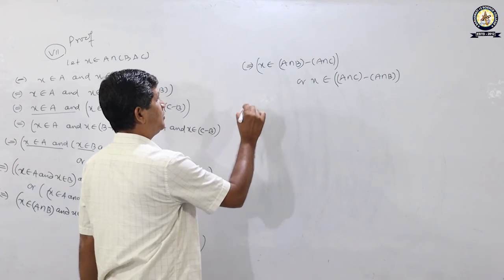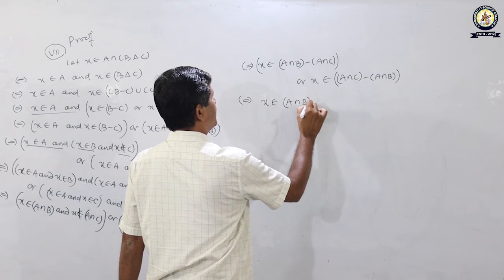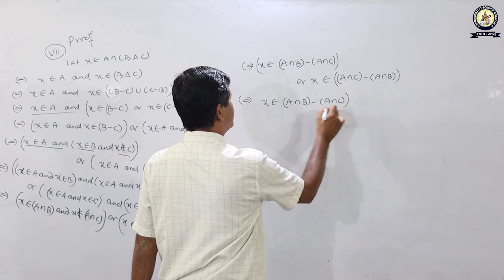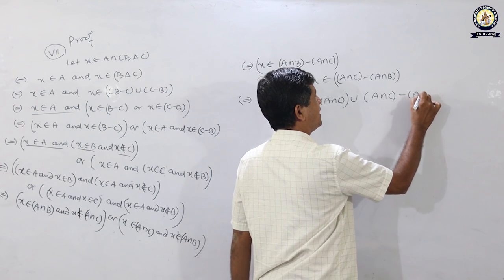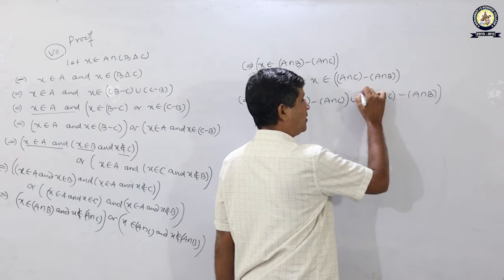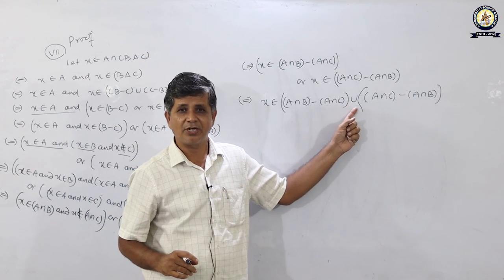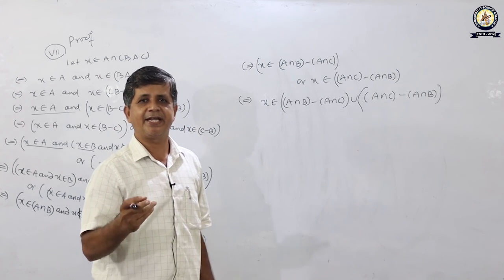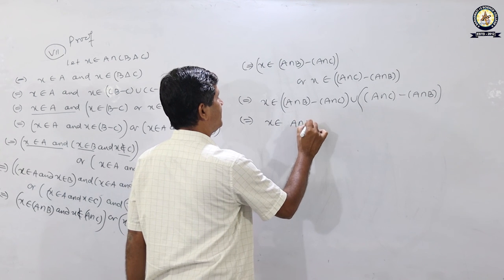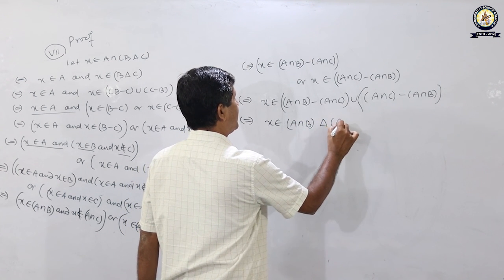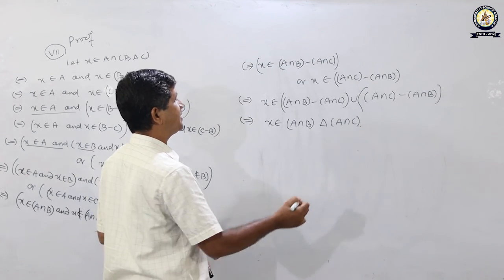For or we use union. X belongs to A intersection B difference A intersection C, union A intersection C difference A intersection B. Look at students, it is X belongs to A difference B union B difference A, means it is in A del B. So X belongs to A intersection B del A intersection C. So we write down, read at the RHS.